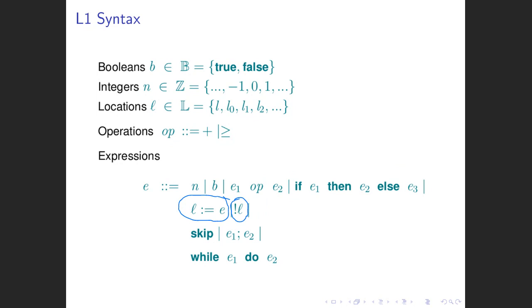This is if you're assigning the content of a variable to an expression. That means go and evaluate E and put the result in L. And this means dereference it. This is find the value at location L. We have skip that does nothing. We'll have commands written with a semicolon to describe doing something, then doing something else.